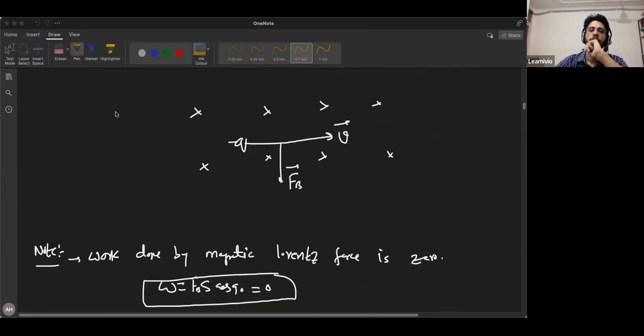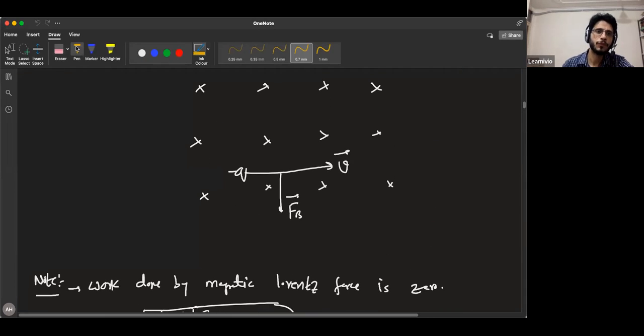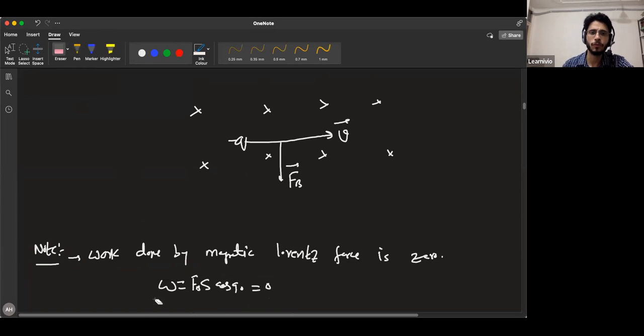Okay. Now we have a few 1 marker questions from this. The first thing is that work done by magnetic Lorentz force is zero. See how we can prove that. What is the angle between force and velocity, Arpit?